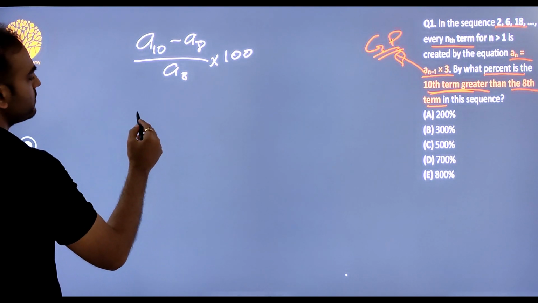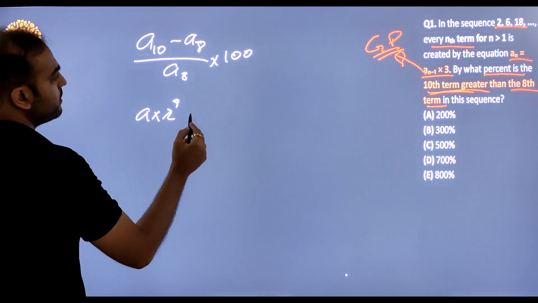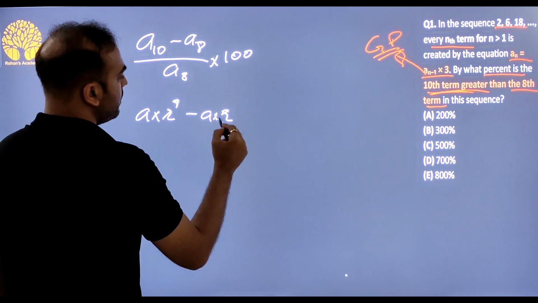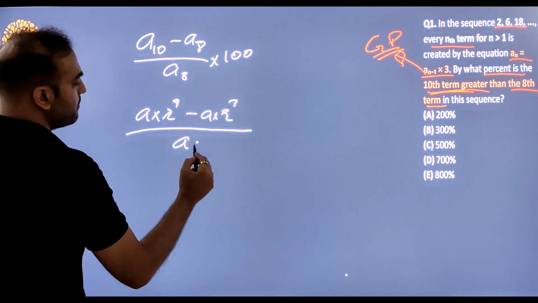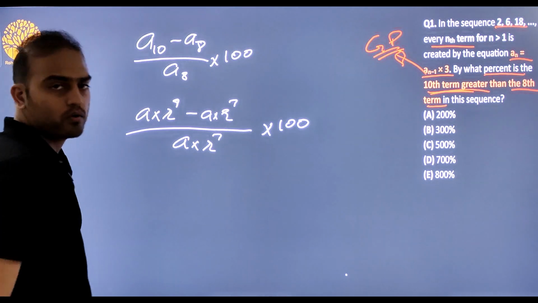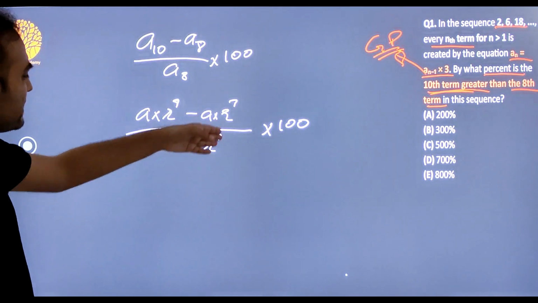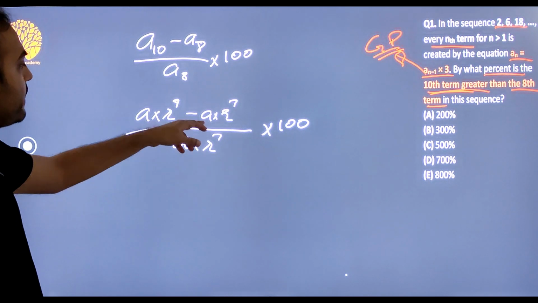Now A10 is what? A into R power 9, minus A into R power 7, by A into R power 7, times 100. Now if you want, you can put the values, or you can simplify here itself. See, take A common, cancel.